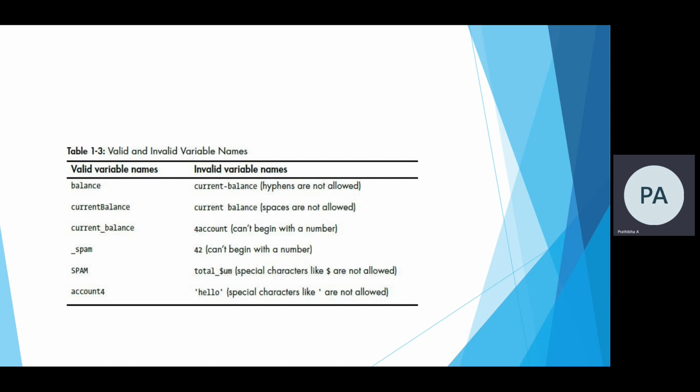That's what I told you, you should not give any space between two words. The same two words can be written using an underscore. And even the variable must not start with a number. So these are several valid and invalid examples of variables.